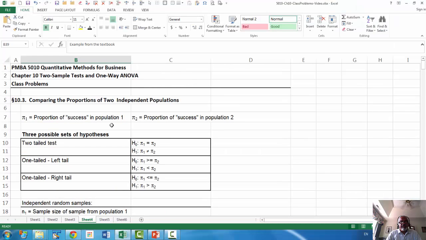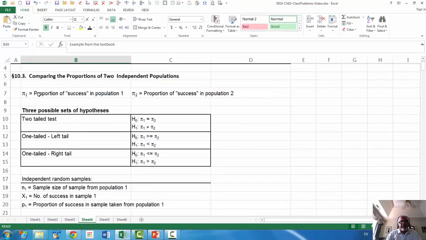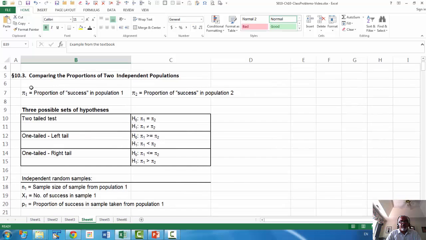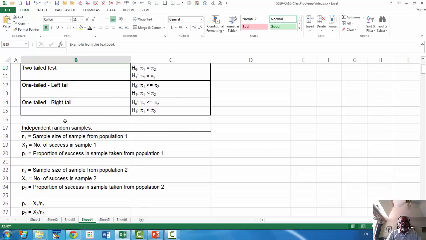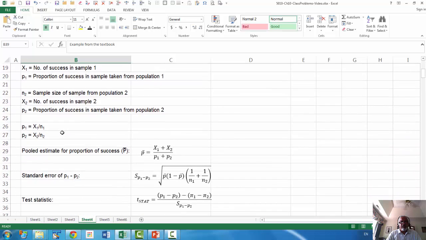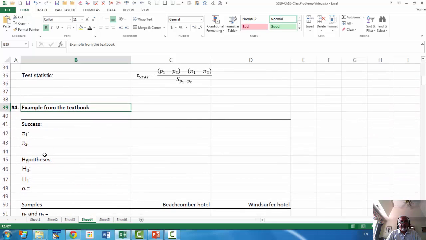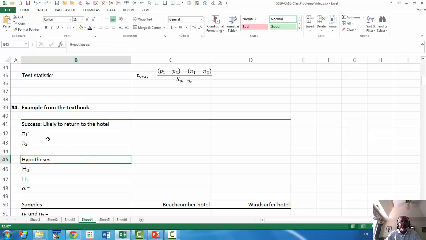In this sheet, I have the general concepts described from the PowerPoint file: the two population proportions, the three flavors of the hypothesis test, the sample notations and so on. But here we're going to look at the particular example. We define success as a guest expressing a willingness to come back, so likely to return.